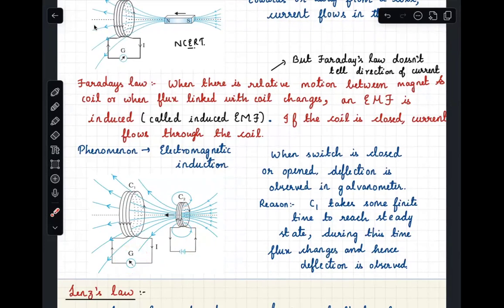Because when you close the switch, it takes some time for the current to grow to the steady value. During this time, flux linked with the coil keeps changing. Similarly, when you switch off, the current falls suddenly from the steady value to zero. Suddenly, the flux disappears. So EMF is induced and hence current flows. In two ways, you can change flux linked with this coil.